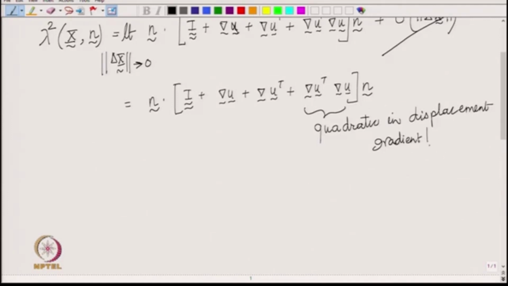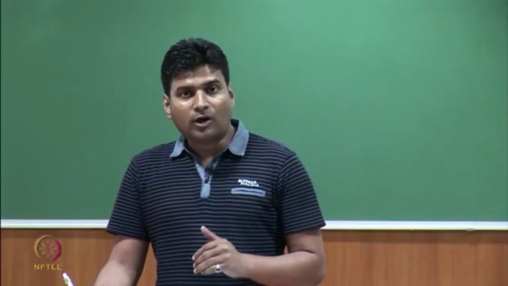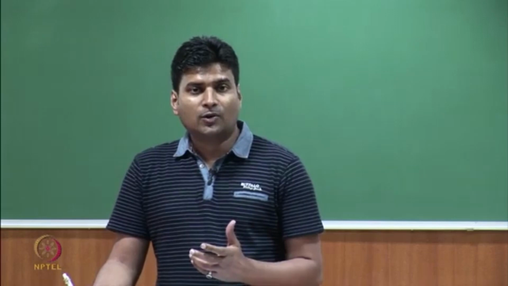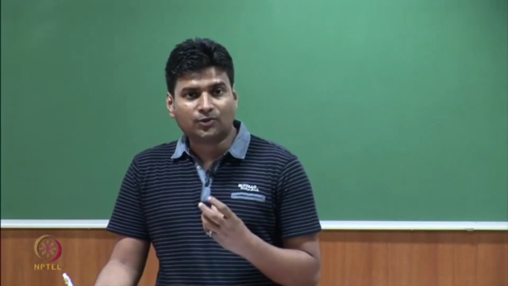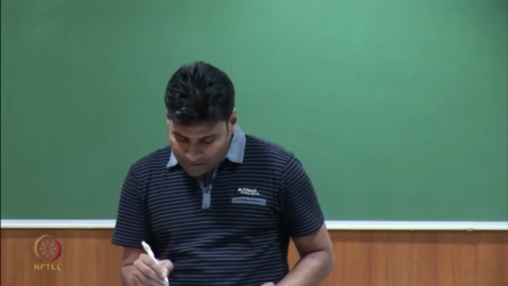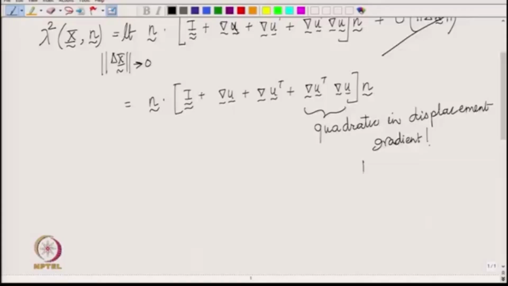So, you know, in this course we are only going to work with displacements such that the displacement gradients are very small. So, basically in this course we will only talk about displacements where del u i over del x j, its magnitude is much less than 1, it is very close to 0.